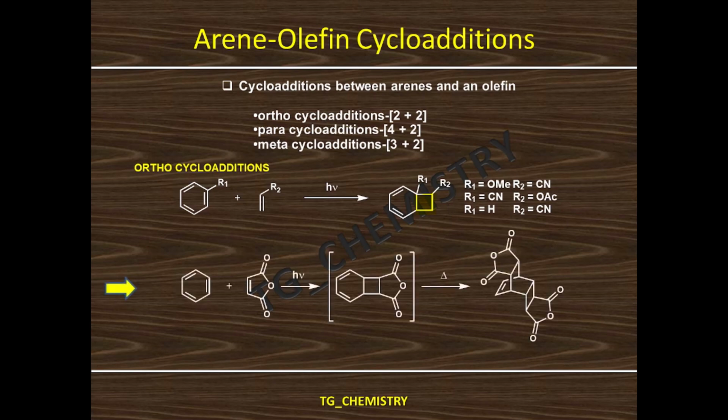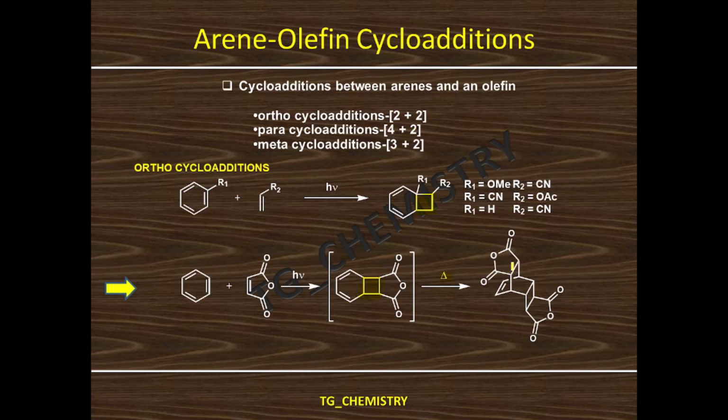We will see another example here where benzene reacts with maleic anhydride under photoirradiation and again undergoes a 2 plus 2 cycloaddition reaction, producing the cyclobutane ring, which upon reaction with another molecule of maleic anhydride reacts in the 4 plus 2 cycloaddition mode with the remaining intermediate, as you can see over here.